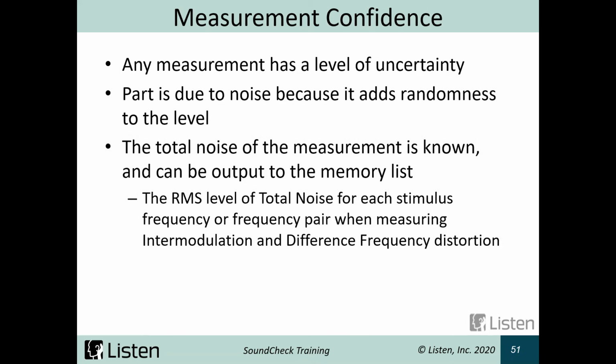The total noise of the measurement is known. As we're running this algorithm, we know the total noise. This can be output to the memory list in the measurement confidence checkbox. So the RMS level of total noise for each stimulus frequency, or if we're using IM or DF, frequency pair.